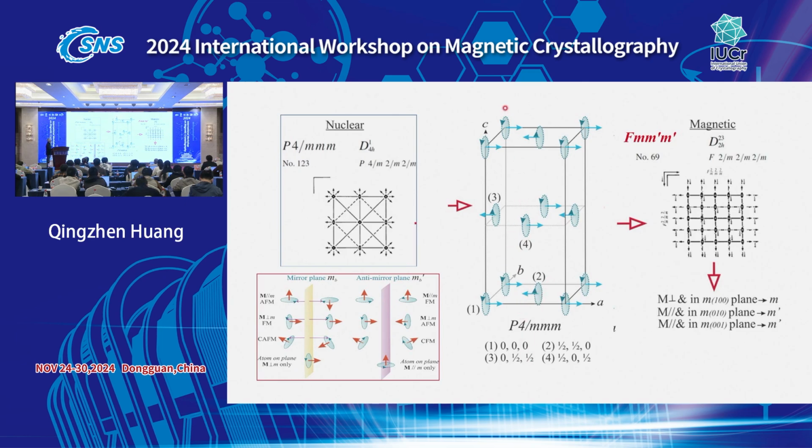So the 0, 0, 0 will create half, half, 0, and 0, half, half, all of this.